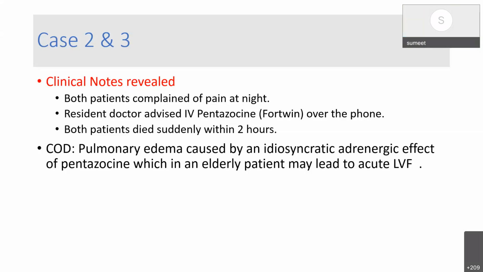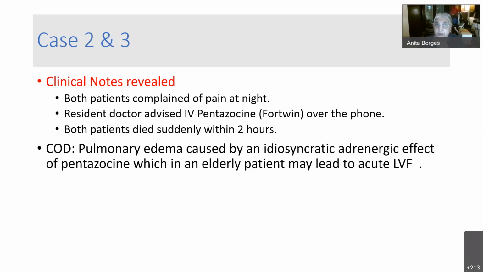To my surprise, I discovered that pentazocine can cause an idiosyncratic adrenergic effect, which is a sudden release of adrenergic compounds from the adrenal glands, in anybody, and this just shoots your blood pressure up very suddenly. Nobody would know, because nobody is monitoring your blood pressure at that moment, and this can cause acute left ventricular failure where the ventricle is not the healthiest.